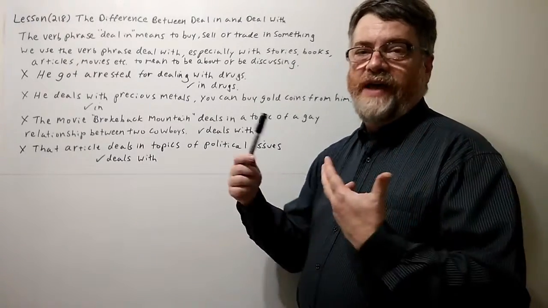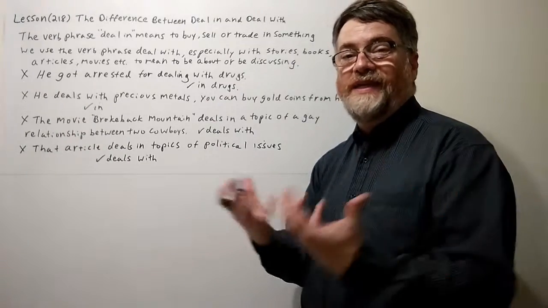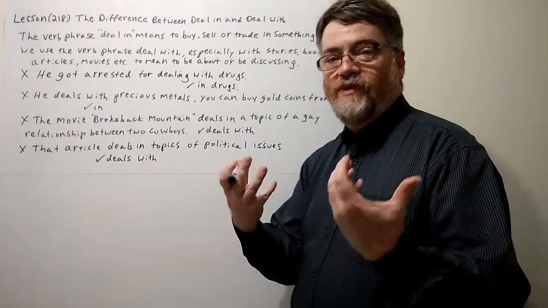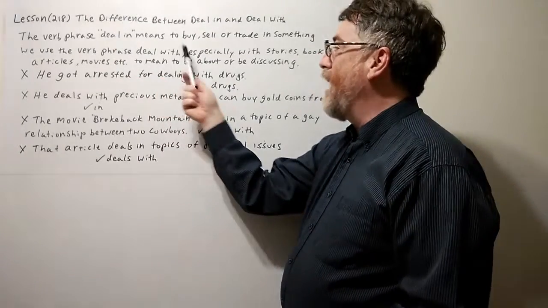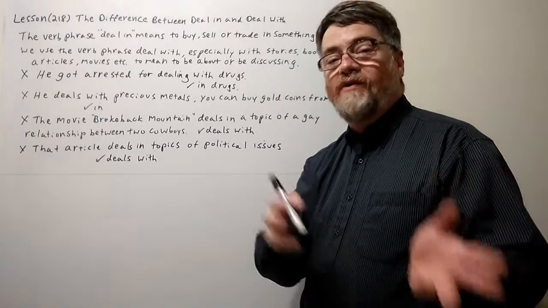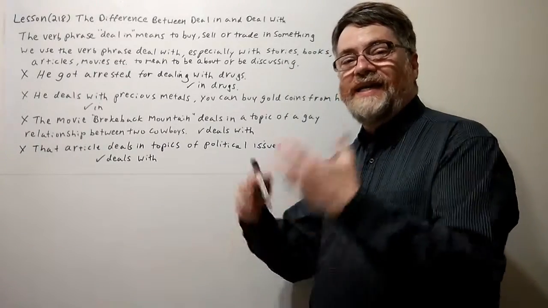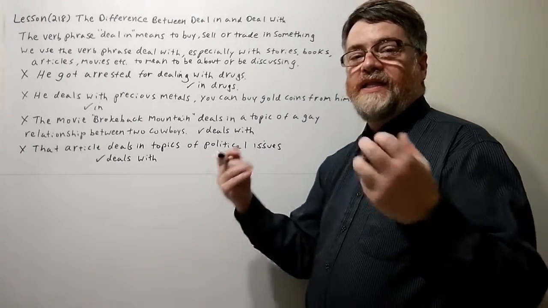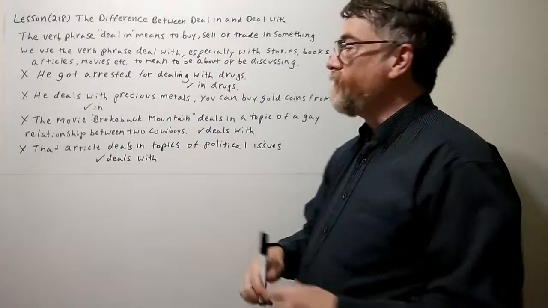But I'm not going over that here because that's not the use that gets confused with deal in. The use that gets confused with deal in is when deal with actually means to be about. So if you say this story deals with this, or this article deals with this, it means that it's about or discusses this. That's the meaning that might get confused with deal in.